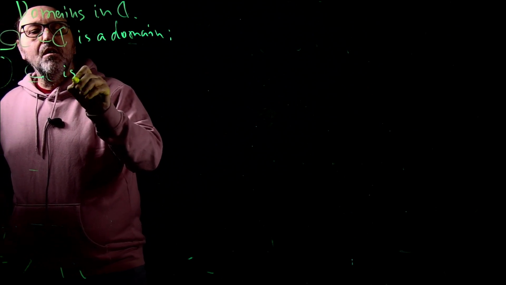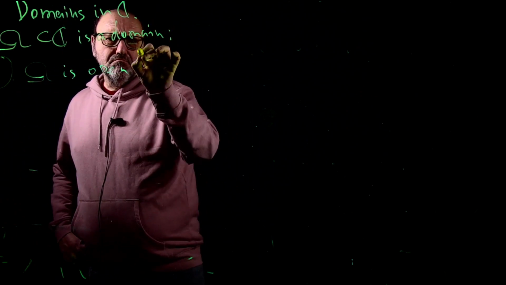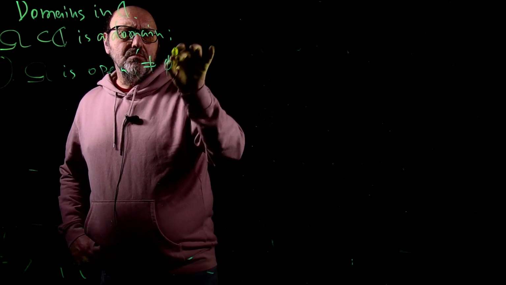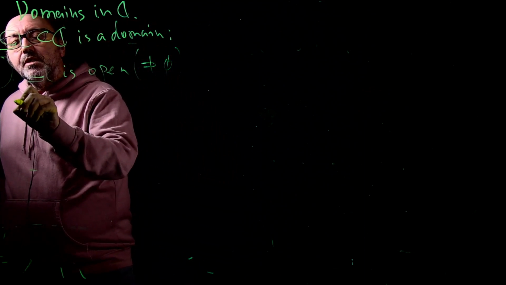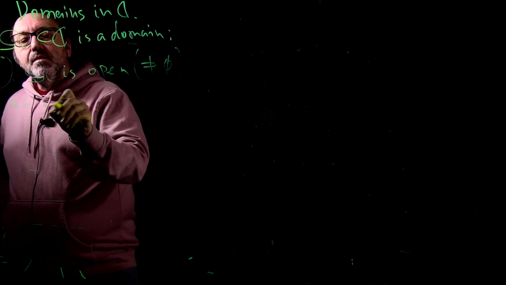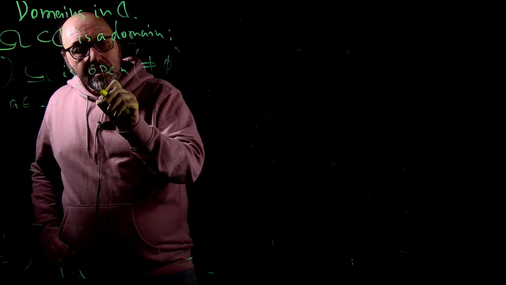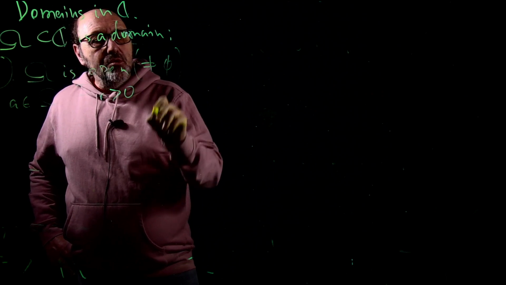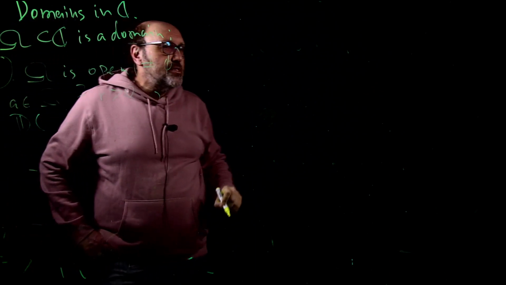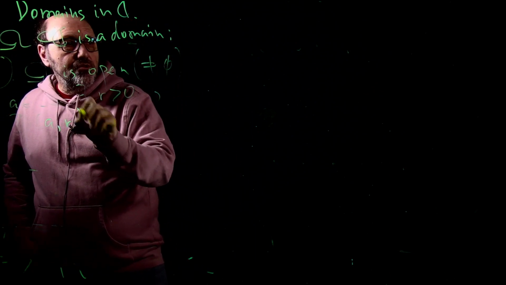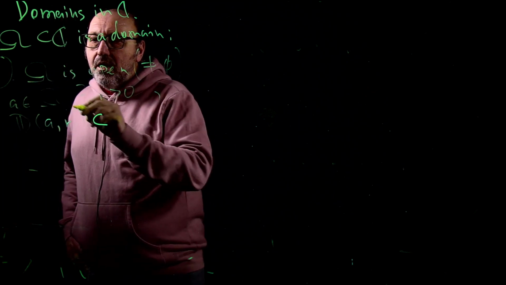Omega is open, and of course non-empty. This means that for every point A of omega, there exists R positive, maybe very small, such that the disk centered at point A and of radius R is contained in omega.